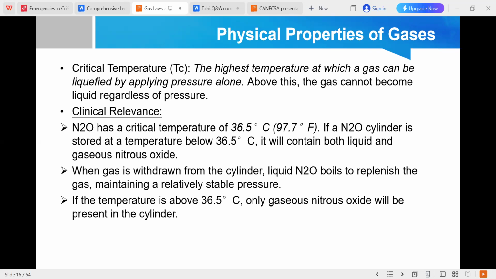However, if the temperature rises above the nitrous oxide critical temperature, the nitrous oxide will only exist in gaseous form. That's the importance of critical temperature, and that's why it's important for us to keep the nitrous oxide cylinder in a very cool storage environment.